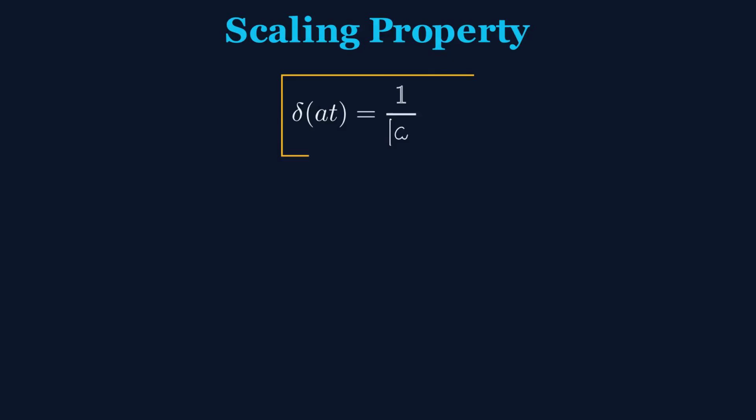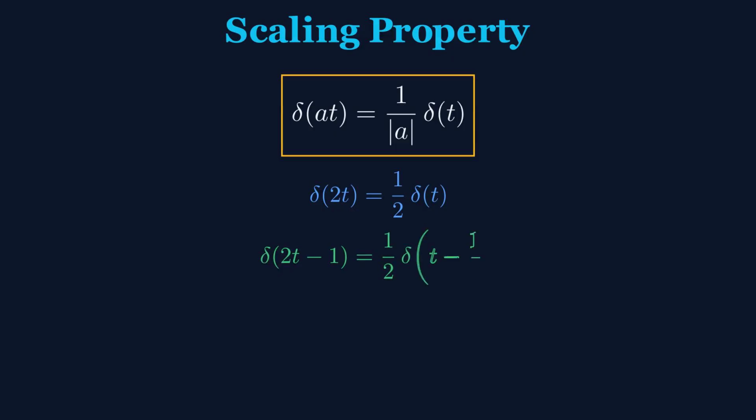The scaling property states that delta of a t equals 1 over the absolute value of a times delta of t. Time scaling an impulse only changes its strength, not its location. Delta of 2t equals 1/2 times delta of t. Delta of negative 2t also equals 1/2 delta of t because we take the absolute value.